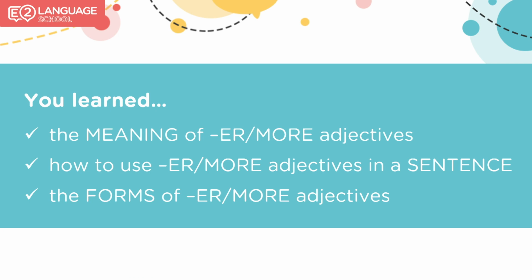Okay, so to recap today's lesson, we looked at the meaning of ER and more adjectives. We learnt how to use them in a sentence, and we learnt their forms, the 4 forms of ER and more adjectives.